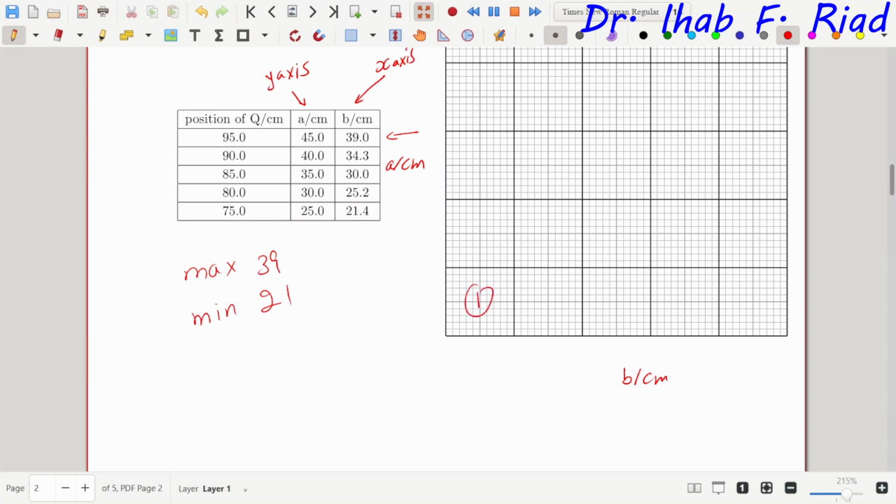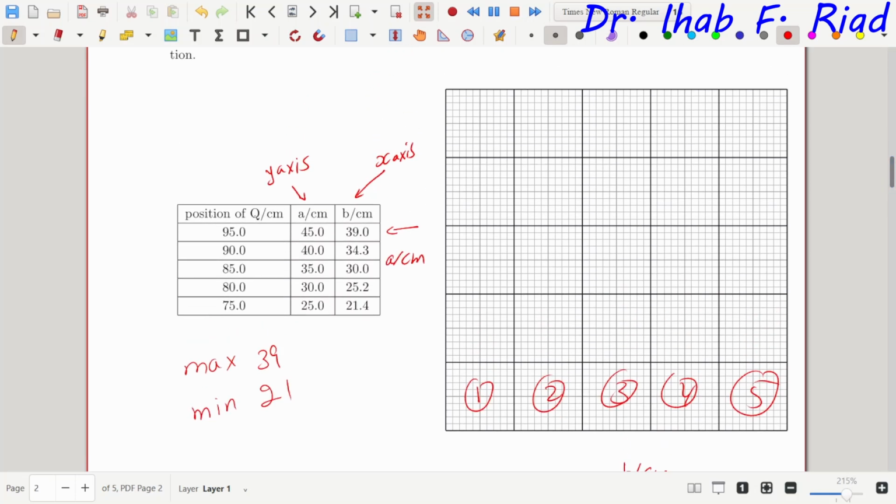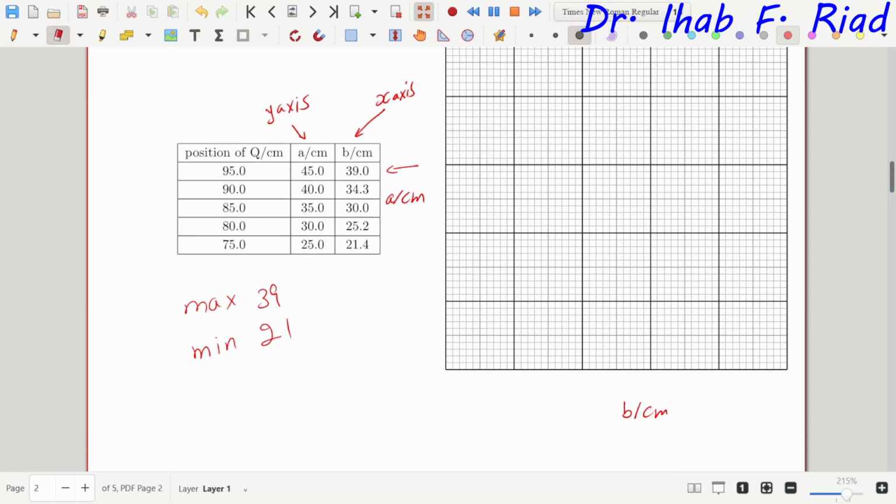This is 1, 2, 3, 4, and 5 on the x-axis, and 5 on the y-axis. Okay, so 5 on the x and 5 on the y. Okay, now how to choose the appropriate scale on the axis?